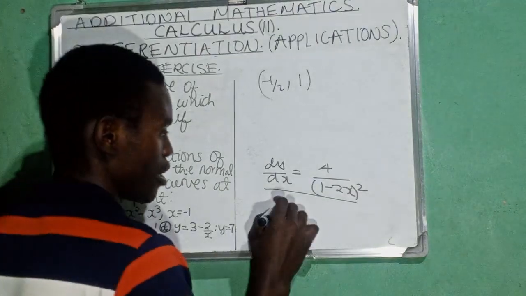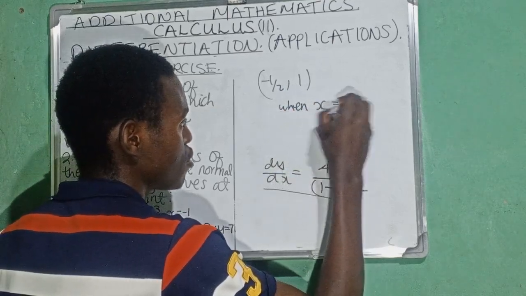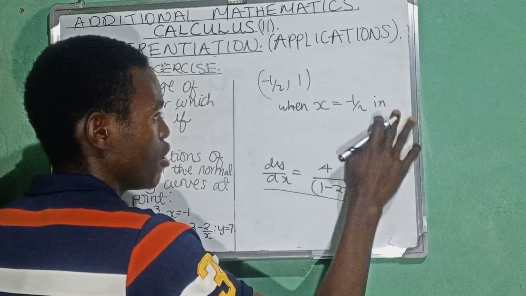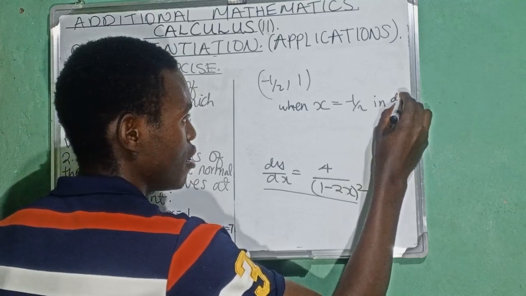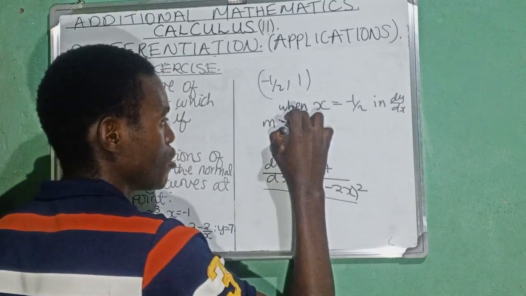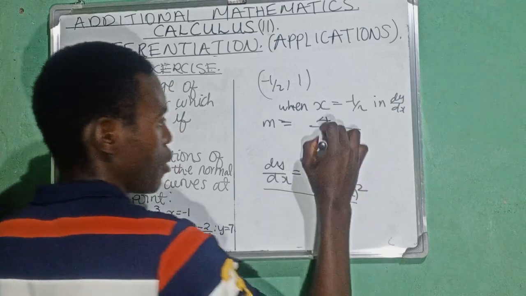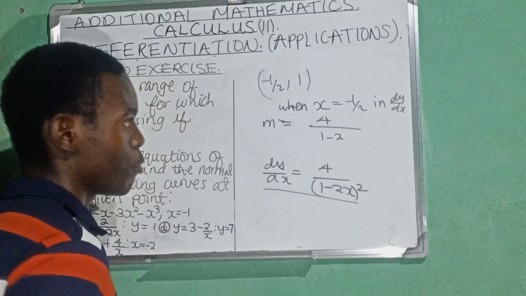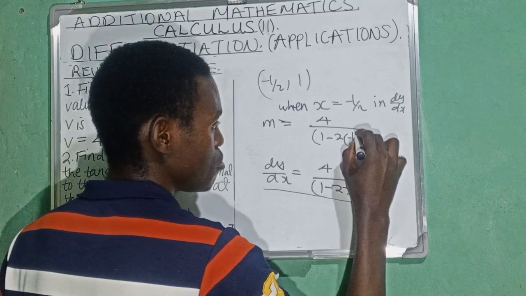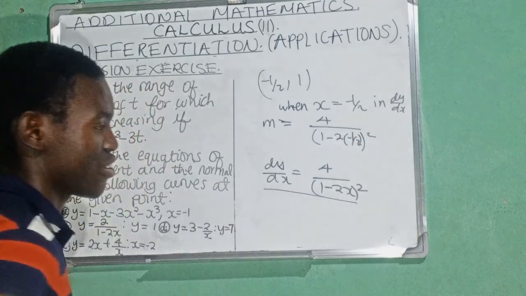So we are going to say when x is equal to negative half in dy/dx, our m is going to be equal to 4 divided by (1 minus 2 multiplied by negative half), and then that is in brackets, you square it.